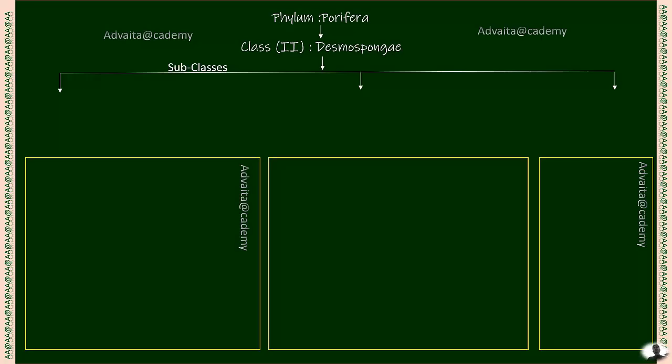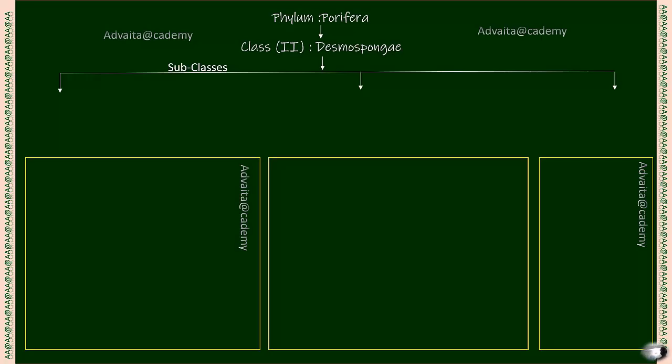That's why there are three subclasses. It is based on, again, the skeletal component, which is very important. If spongine fiber is present or not, and whether spicules are present or not. What type of spicule would you expect in case of Demospongiae?